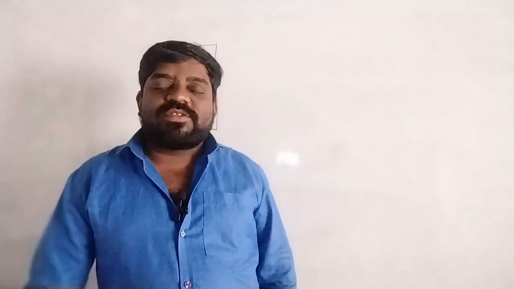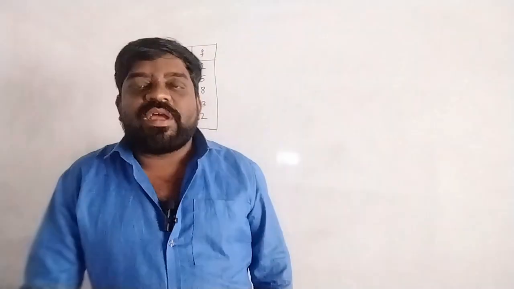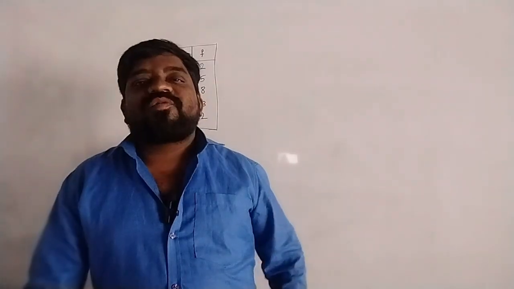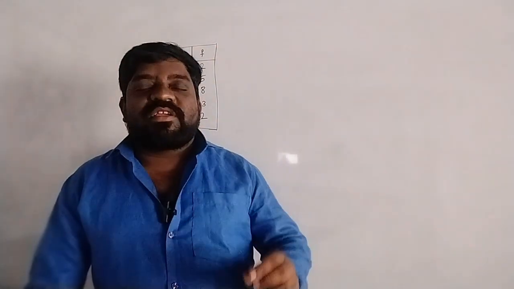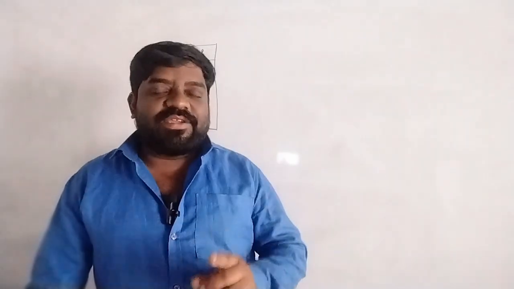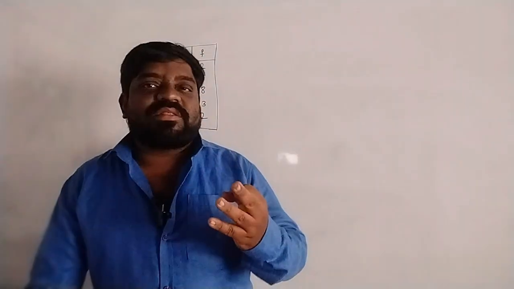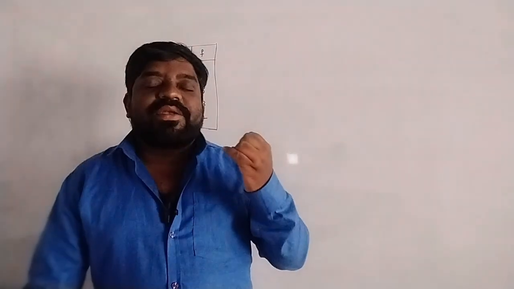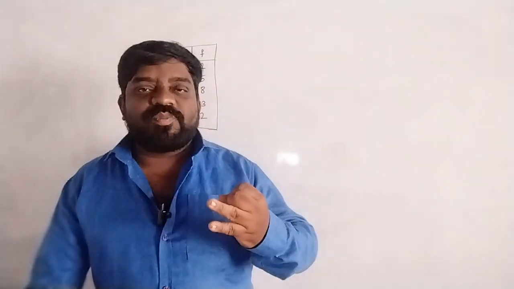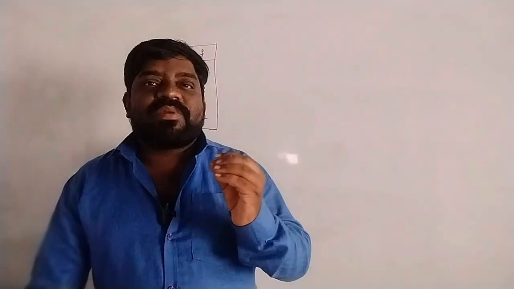Namaste students, in this video we will learn how to find the mean of any given data using the step deviation method. As I said earlier, there are three methods to find the arithmetic mean: direct method, assumed mean method and step deviation method.